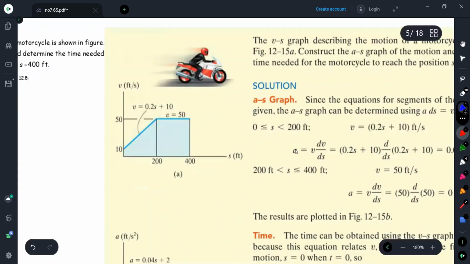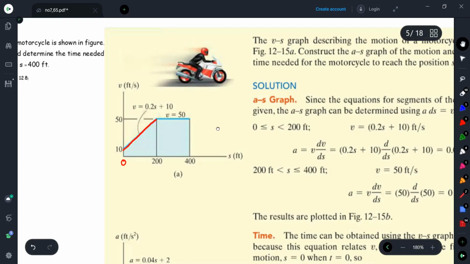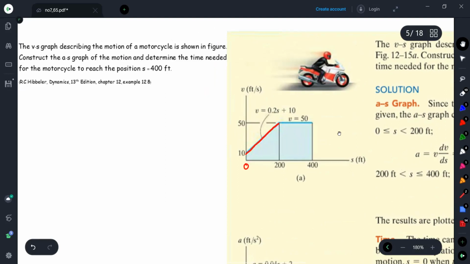For the first range, S from 0 to S equal to 200, the relationship between velocity and S is V equal to 0.2 S plus 10. The problem gives us the function, but if the problem did not give it, we would find that it is a linear relationship.